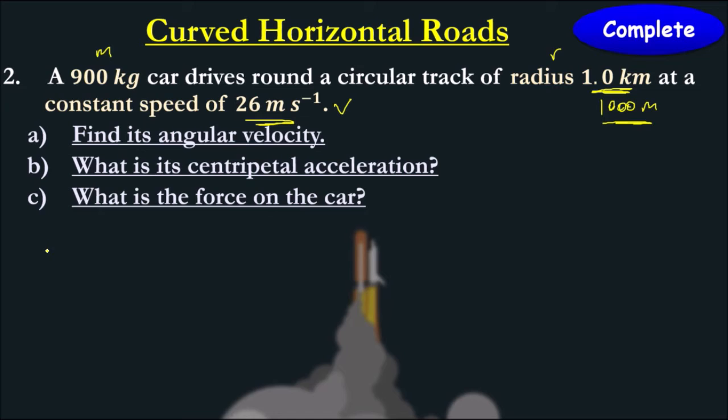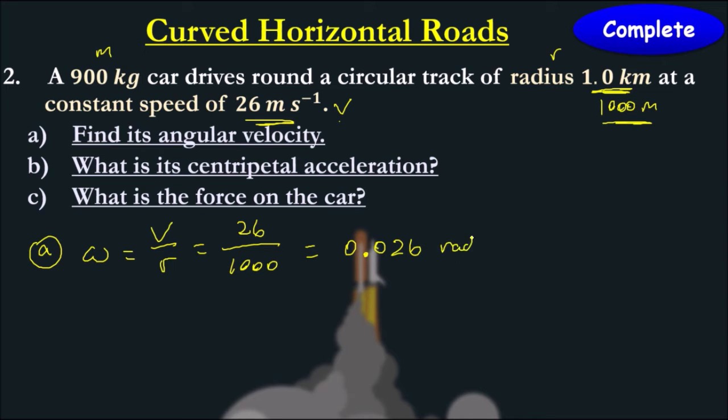What is the angular velocity? Again, we have v, we have r, so omega equals v over r. So 26 over 1,000, so it's 0.026 radians per second.